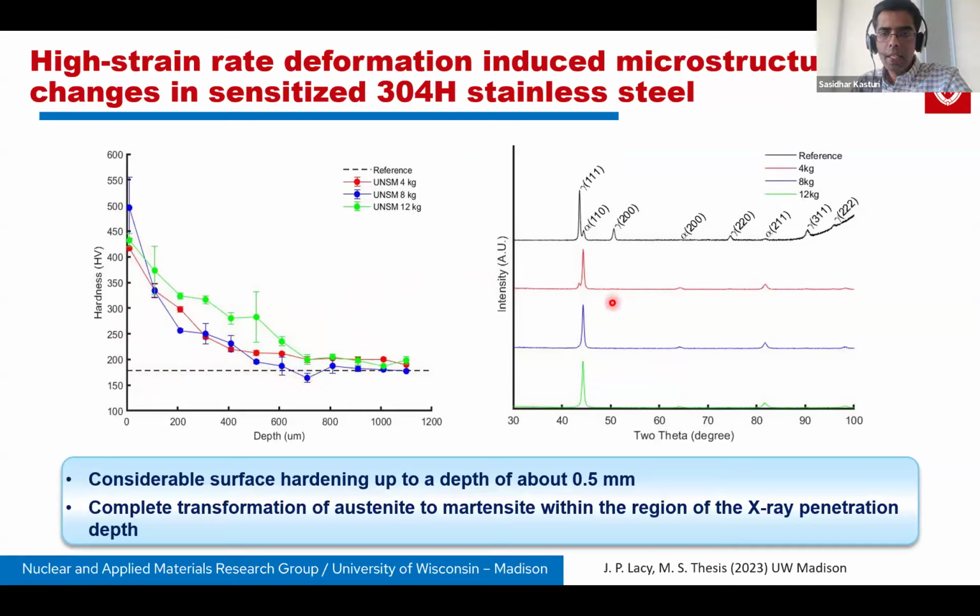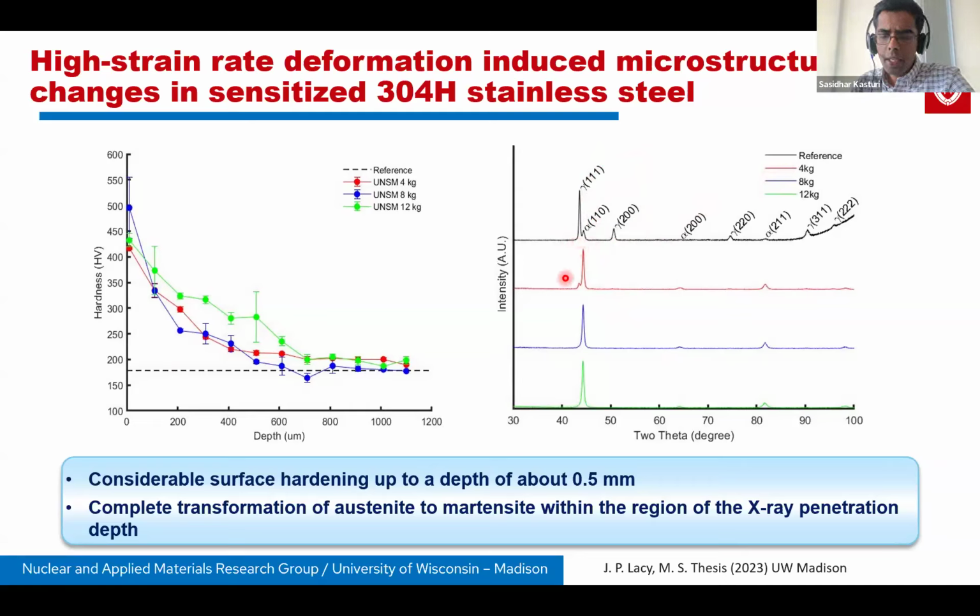And in terms of the phase constitution, you can see here from the XRD patterns, the black diffractogram corresponds to the reference material, which shows an austenitic matrix with a small amount of martensite that remains.